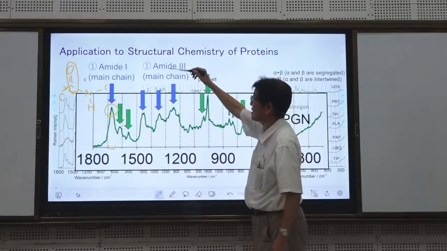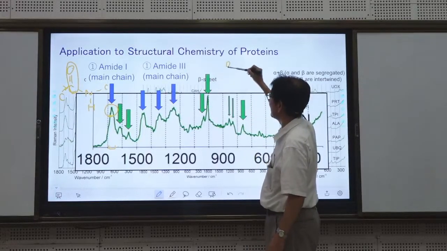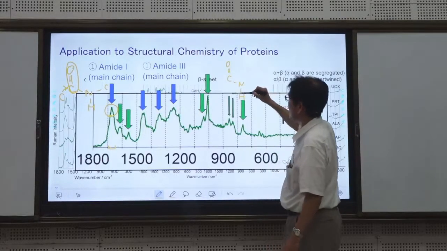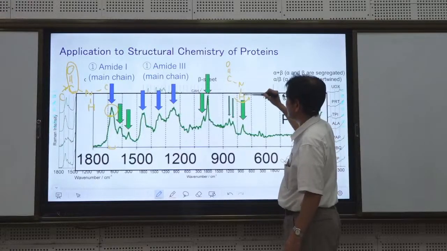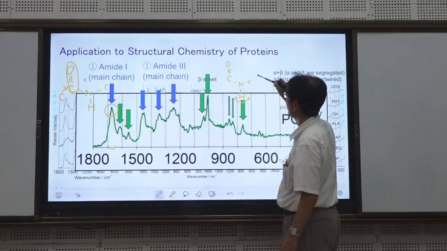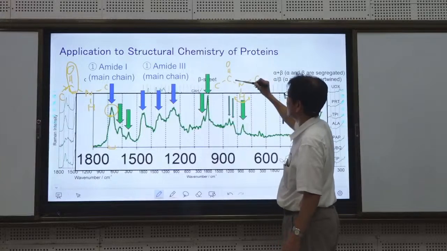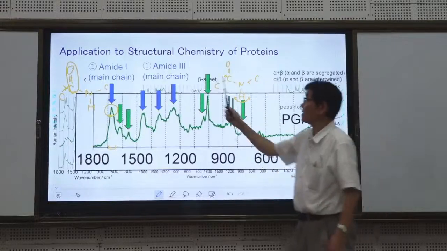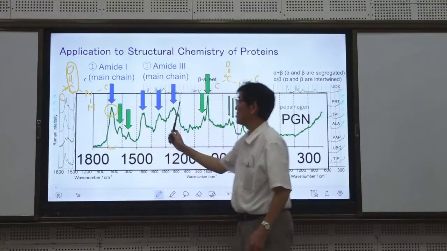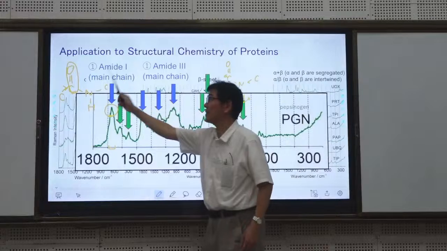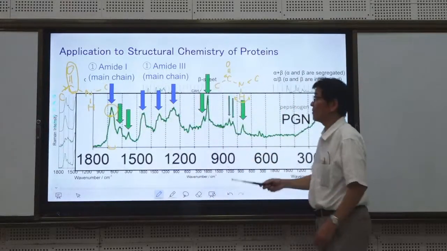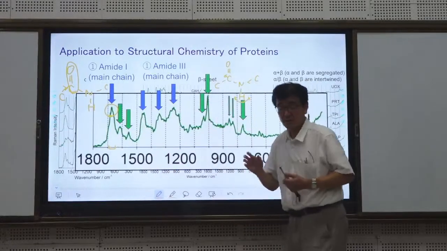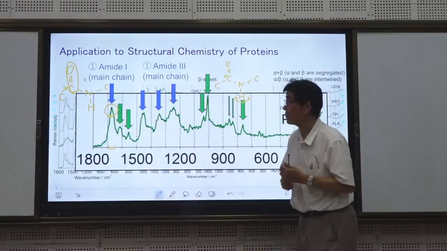Amide 3 is a main chain vibration, and it is mainly NH bending plus CN stretching. The modes are different and the peak positions are different, but anyway, it is the vibration of the main chain. So by analyzing these modes, we can get information about the peptide structure.